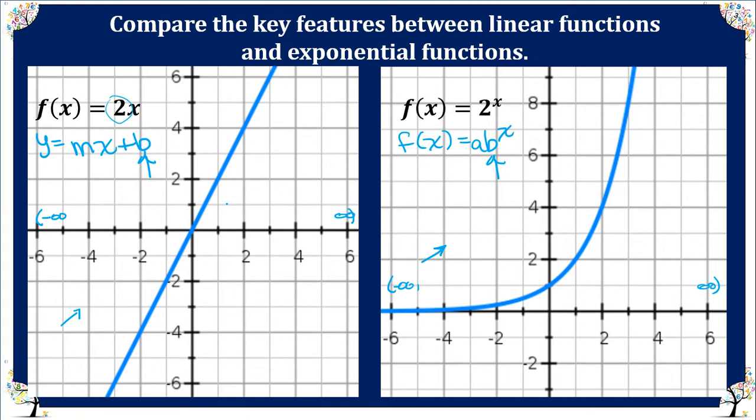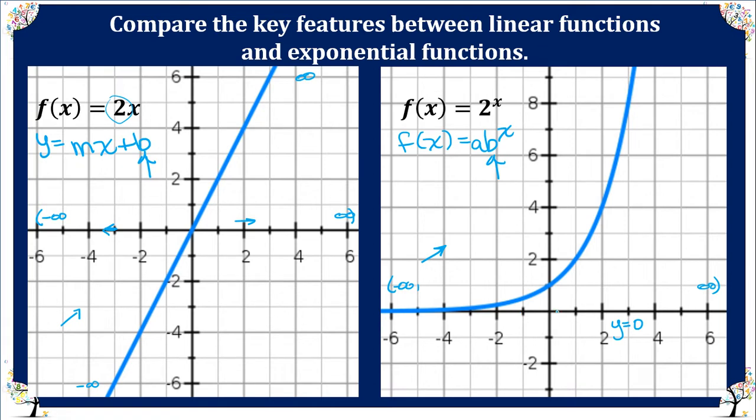And then we have end behavior, and again, we have a left and a right side of our graph. So for this linear function, as x approaches negative infinity, f of x approaches negative infinity. And as x approaches positive infinity, f of x approaches positive infinity. Now let's compare that to our exponential. With exponential, what's going to come into play is the asymptote. So I always like to write in the asymptote.